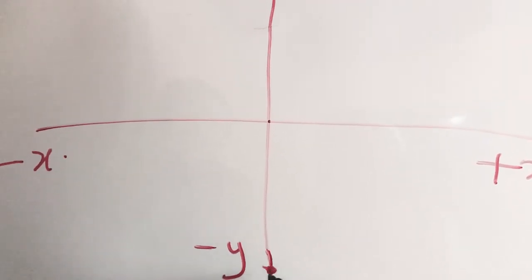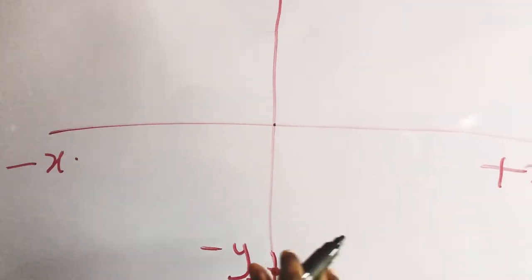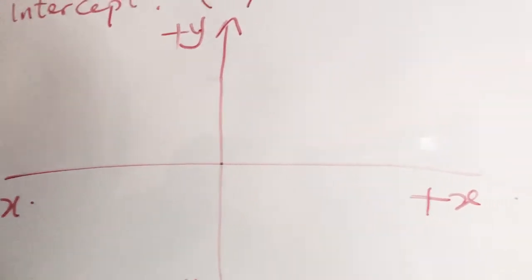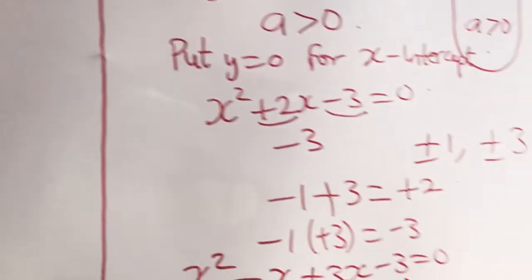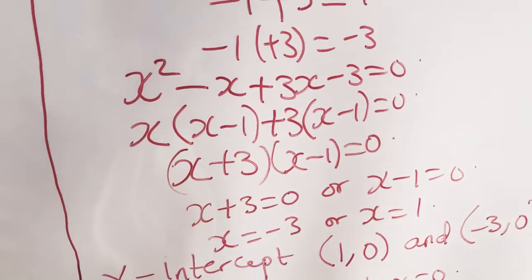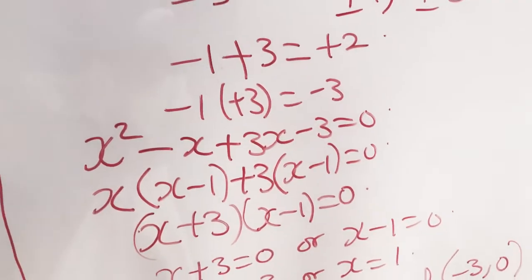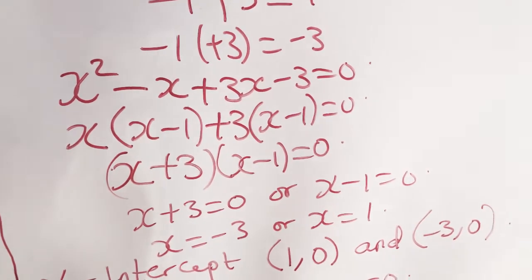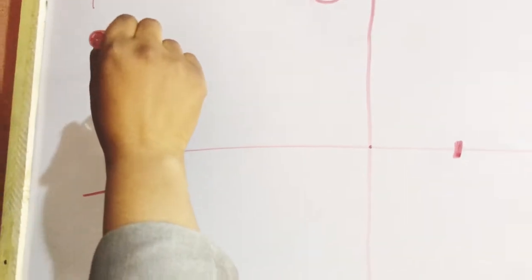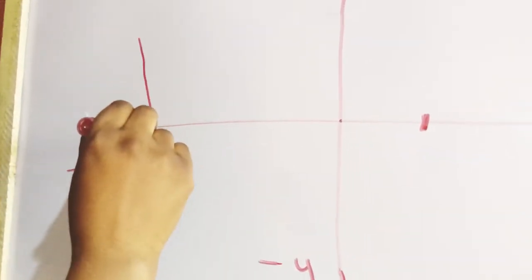We are just sketching. When x is equal to 1, y is equal to 0 will be around this place. When x is equal to minus 3, y is equal to 0, somewhere around this place. So we have to join the 3 points together.